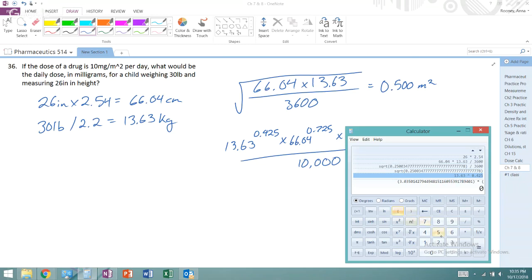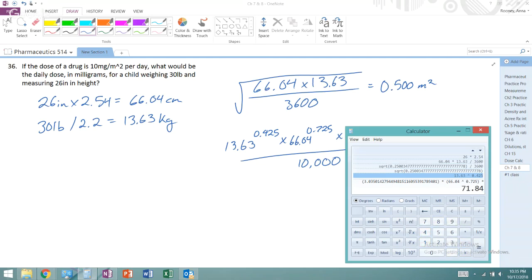Times 66.04 to the 0.725, and then times 71.84. I don't think I memorized this.